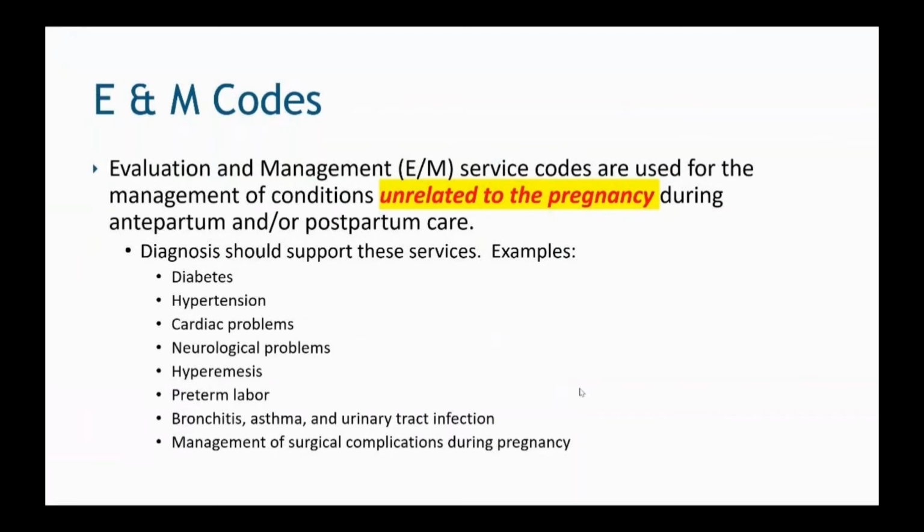So for example, if you're managing the patient's diabetes, hypertension, cardiac problems, hyperemesis, I had that when I was pregnant both times, preterm labor, bronchitis, asthma, urinary tract infection, I had that too. That's when you're going to be using the E&M codes because those are unrelated to the pregnancy.